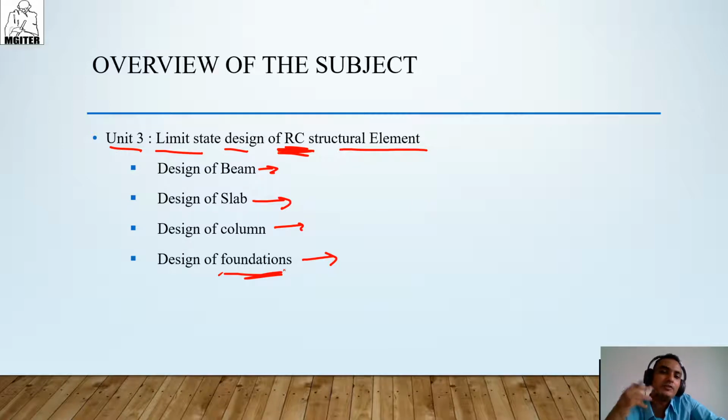In combined footing we have two more footings: one is rectangular combined footing, and the second is trapezoidal combined footing. Only four types of footing we are going to learn. So these are the only RC structure element designs.